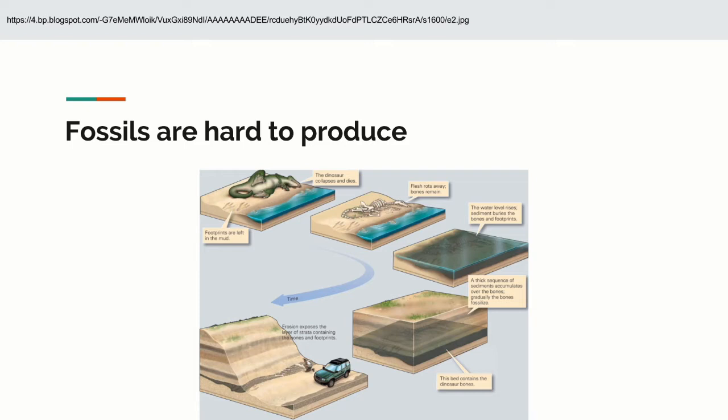And then you have to hope that it gets buried and fossilized, so the bone gets turned into more minerals, and then at some point it also gets exposed. The point is, it's actually not common for things to become fossils. And even then, we have found untold numbers of fossils around the world.